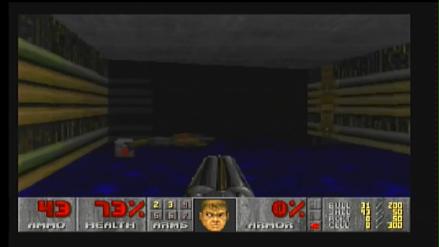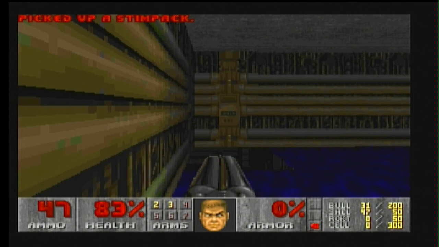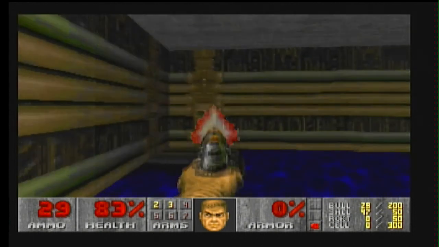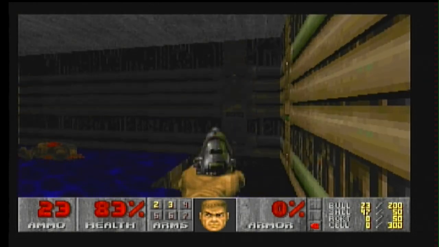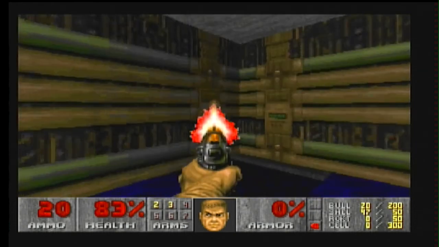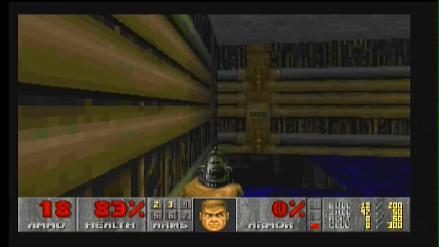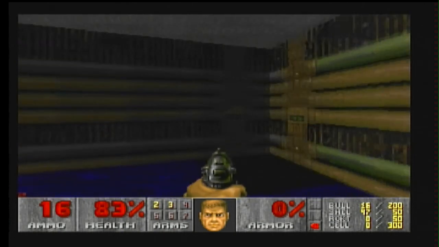You know, in fact, this hole here that I'm looking at, so this situation here, I can hear the creaky sound of an imp, so I know there's one down there.